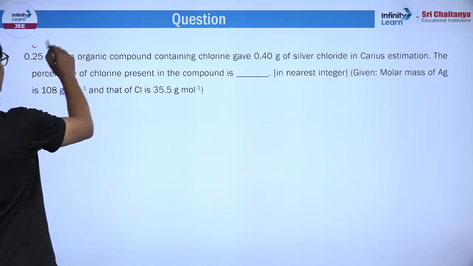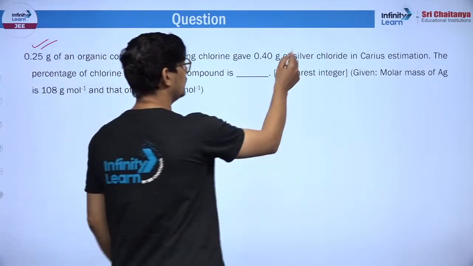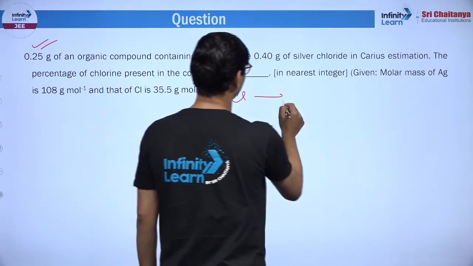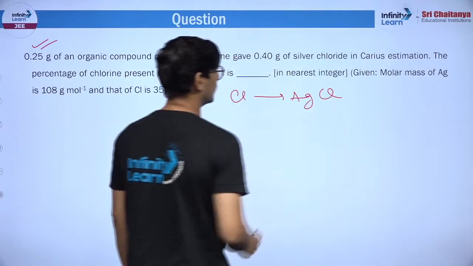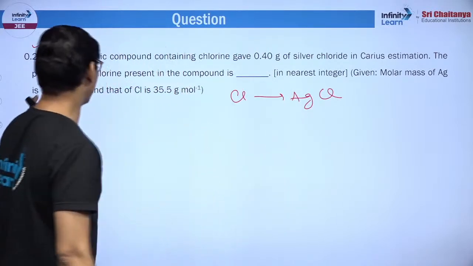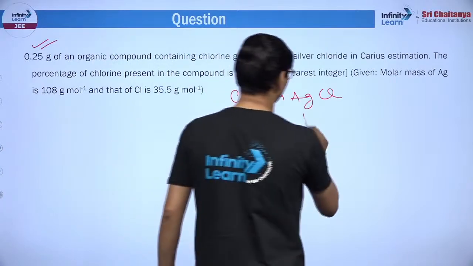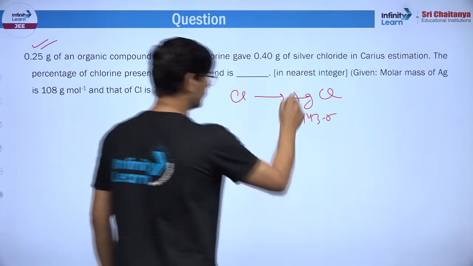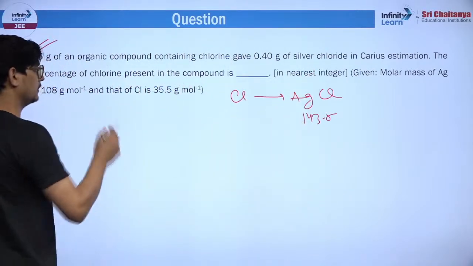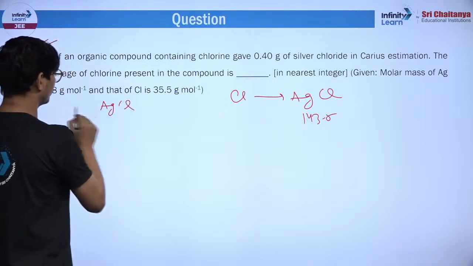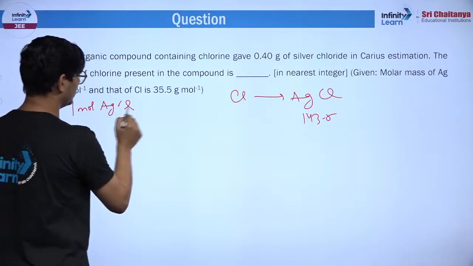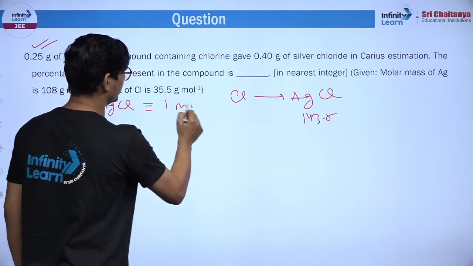Then Carius estimation में we convert chlorine into AgCl. Okay, AgCl का मोलर मास हो जाएगा 108 plus 35.5 which is 143.5. ठीक है, तो कैन आई से 1 mole AgCl is equivalent to 1 mole Cl, right?